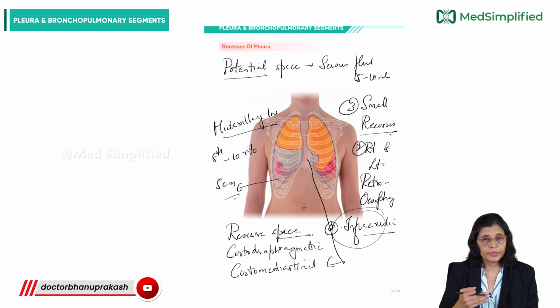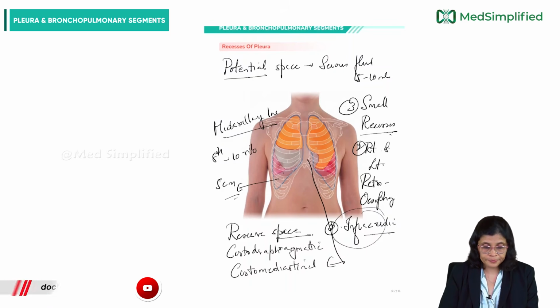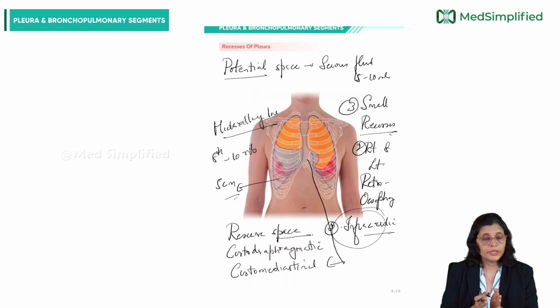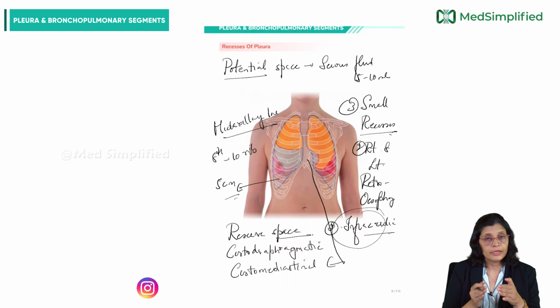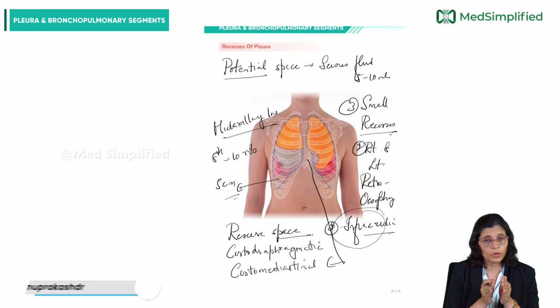The costomediastinal recess is formed by the reflection of the costal and mediastinal pleura. So on the right side, the right costomediastinal recess is smaller, because even during quiet respiration the anterior margin of the right lung occupies that recess.